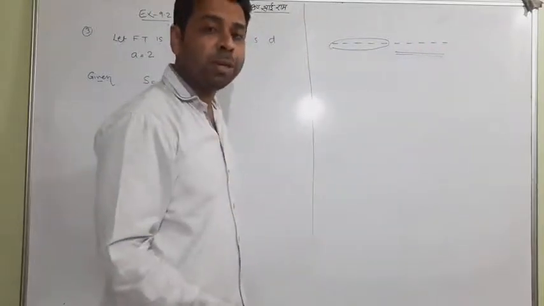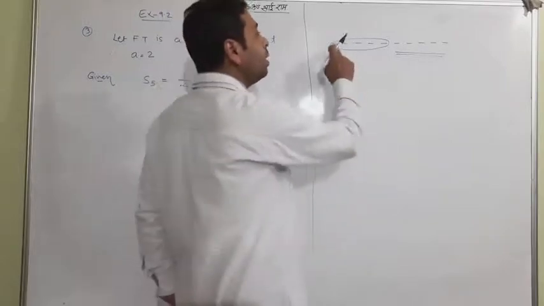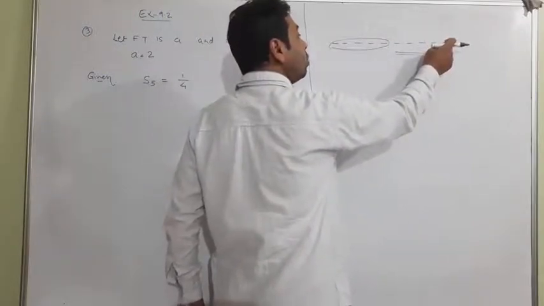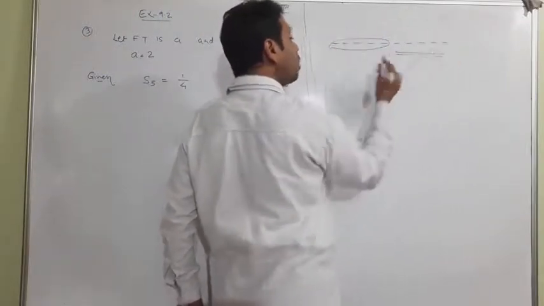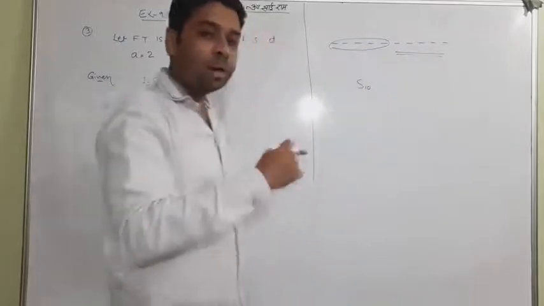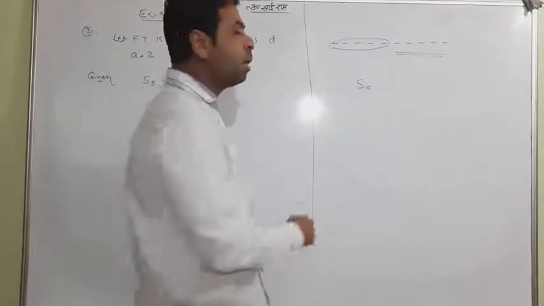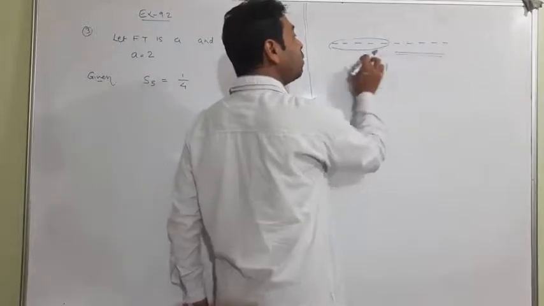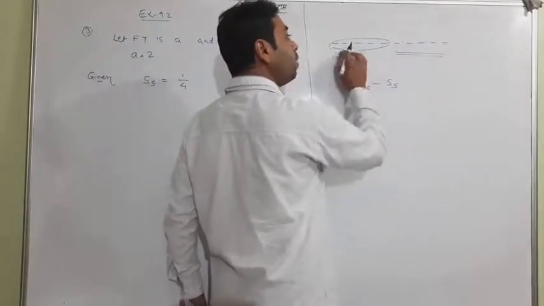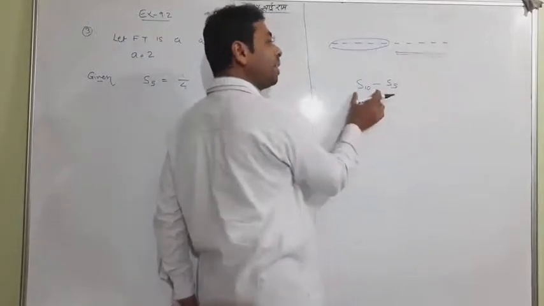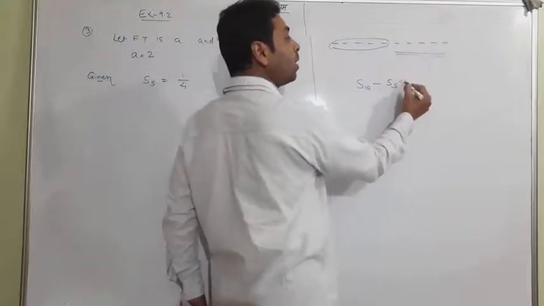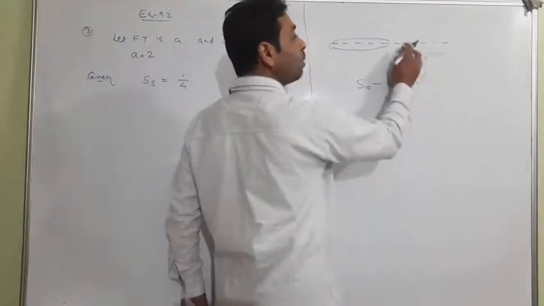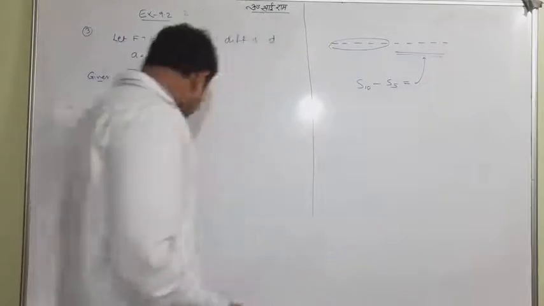These are total 10 terms, so first of all I will add all 10 terms, S10, and I will subtract the first 5 terms from the whole sum of 10 terms. So whatever the answer is will be the sum of the next 5 terms. That is a very simple idea.